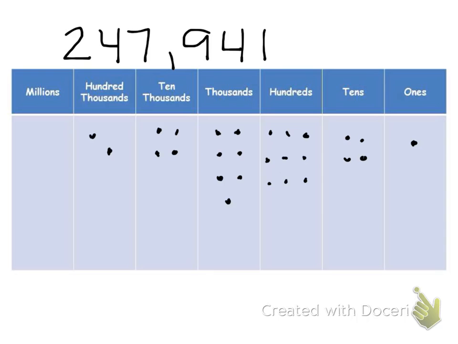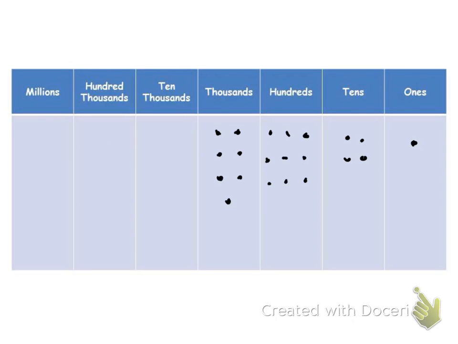Now, the next thing I'm going to do is I'm going to give you a number with dots, and you're going to have to write out the number that I have given you. So, here is your number.